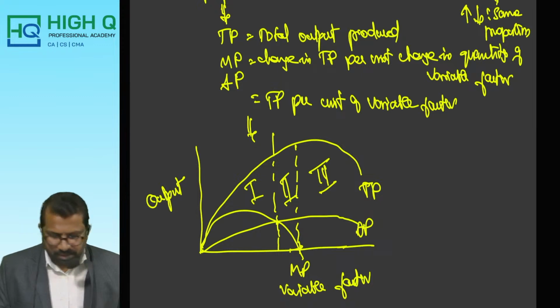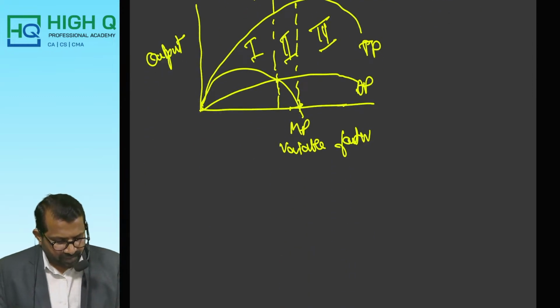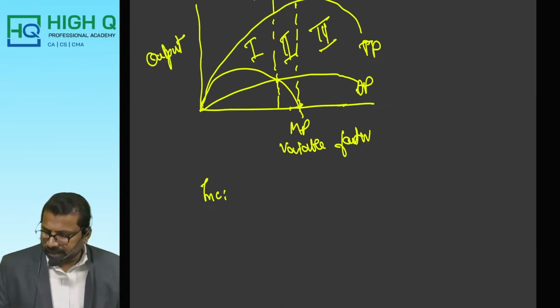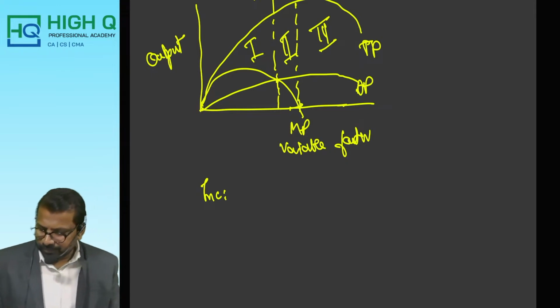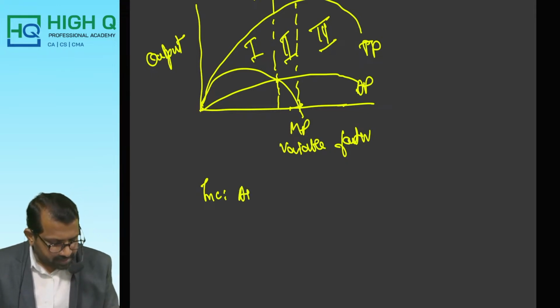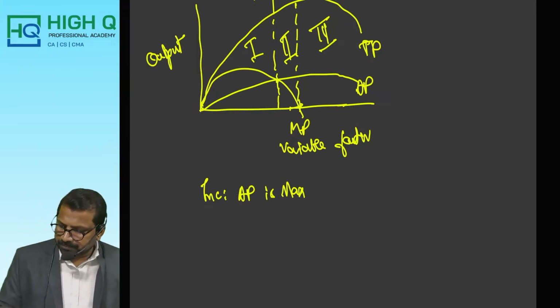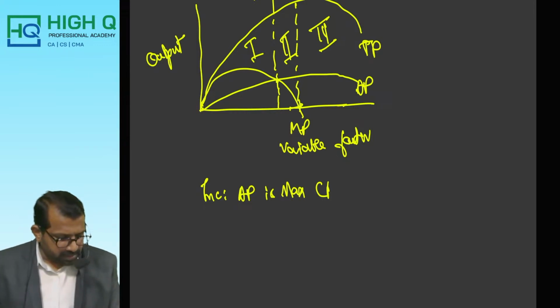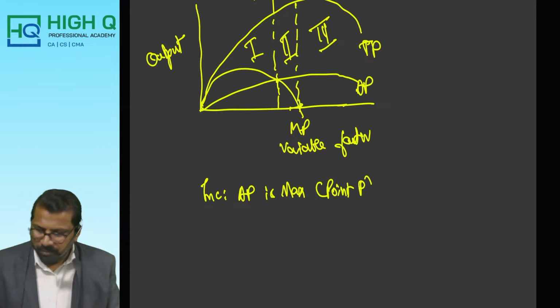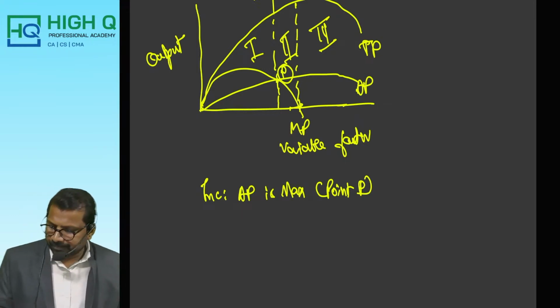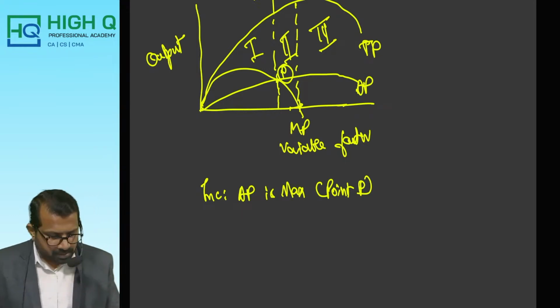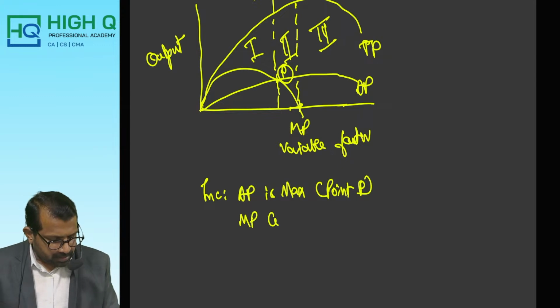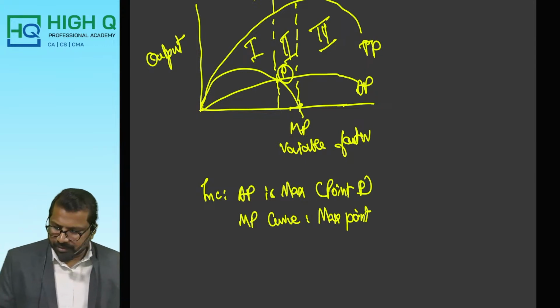These are the 3 stages. First, stage 1, the increasing stage. In this, average product is maximum, that is point P. The MP curve reaches its maximum point.